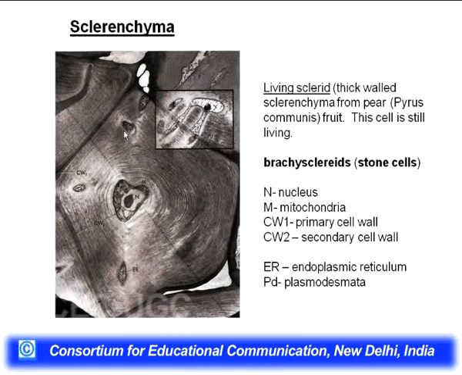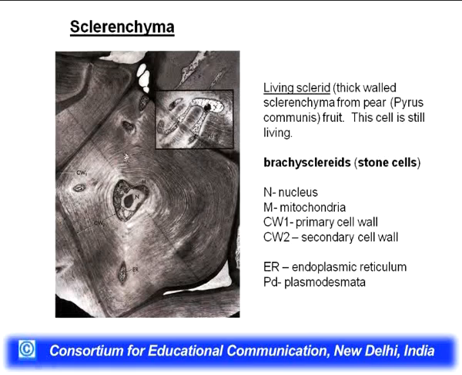Now, in spite of so much thickening, this cell is still living. The reason is that you have cytoplasm, you have nucleus, and you can see these are the mitochondria.